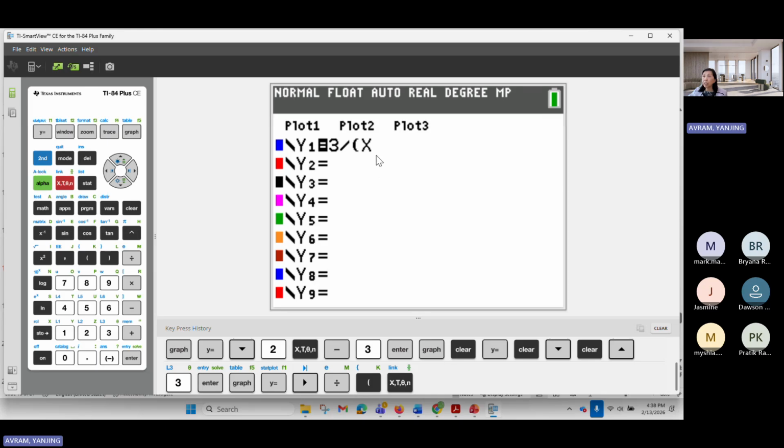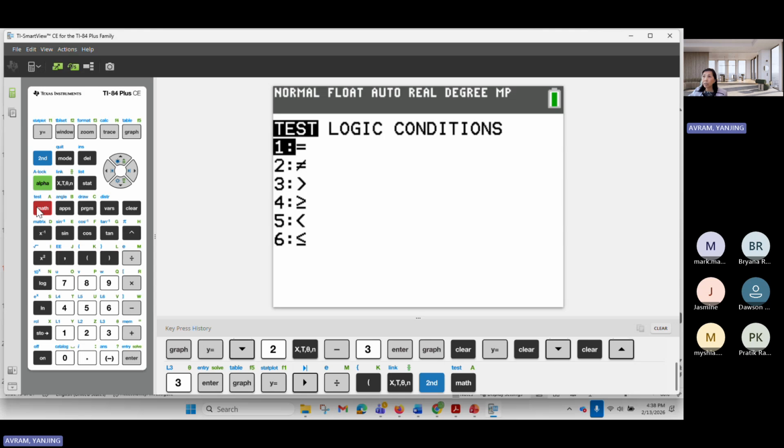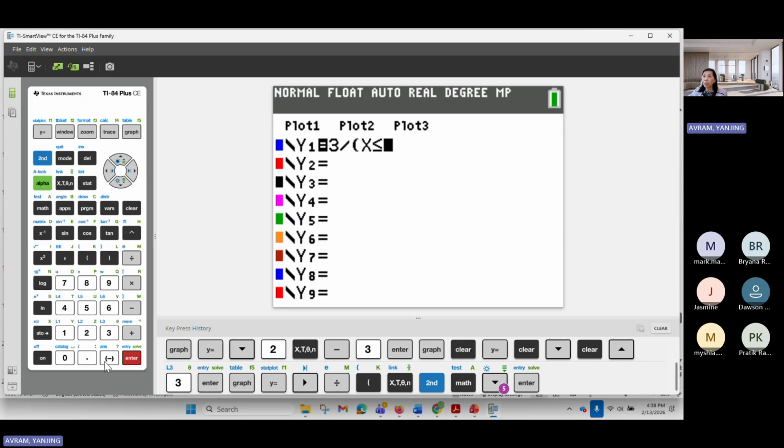Tell it x should be less than or equal to -1, right? And where do you find the less than or equal to? Go to second, math. Then go to number 6, less than or equal to. Then -1, and close your parenthesis.